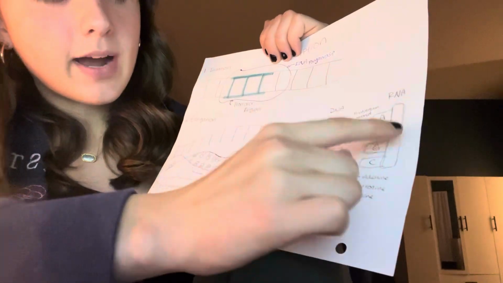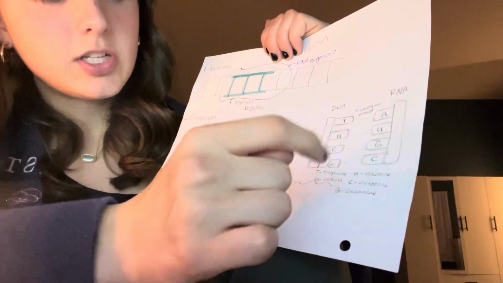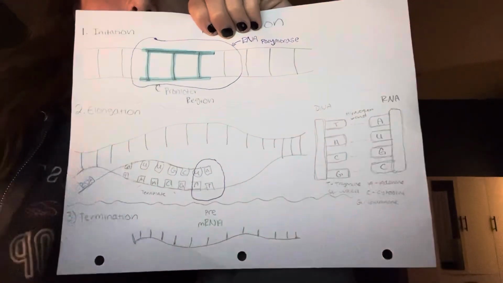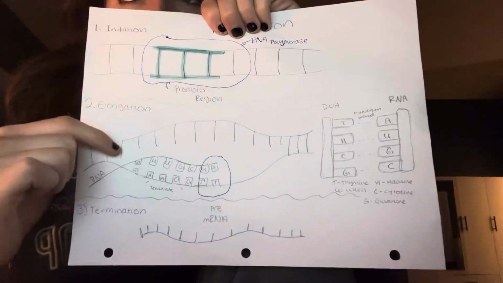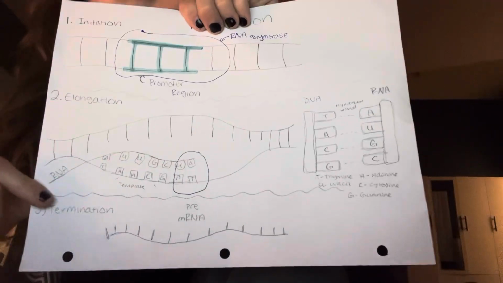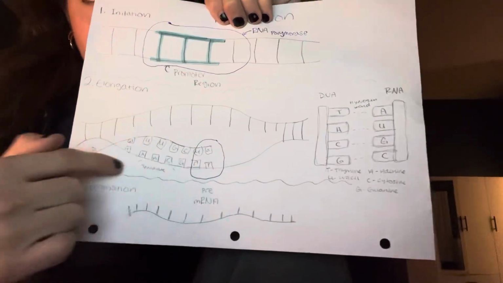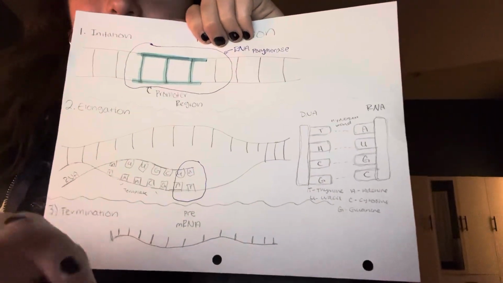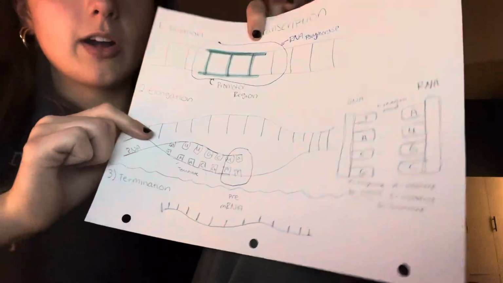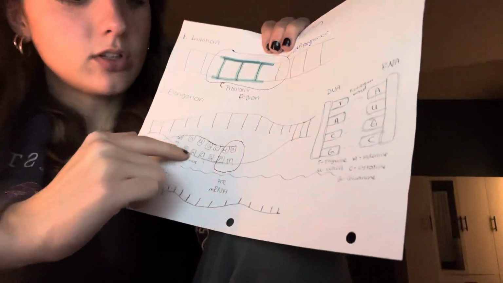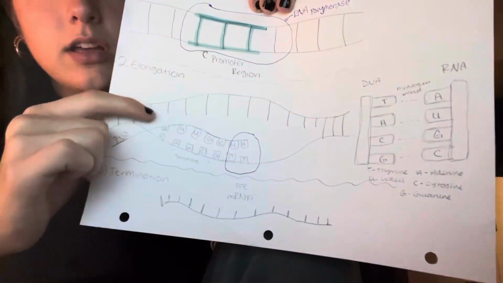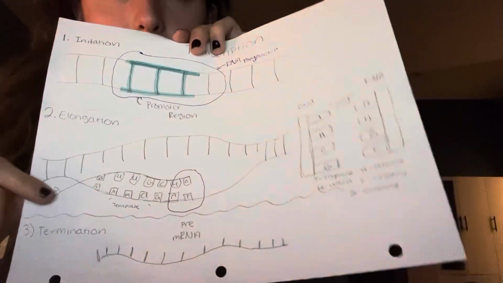So T would bind to A, A to U, C to G, G to C, right? Each added ribonucleotide is joined by a phosphodiester bond, forming the RNA chain. RNA polymerase moves along the whole gene until the entire gene strand is copied.